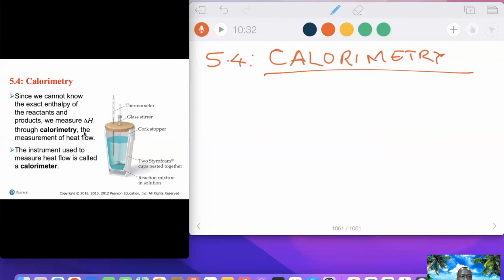So in calorimetry, we determine the enthalpy of reaction by recording the temperature of the reaction. We call this a calorimeter, and the process by which the enthalpy of reaction is determined is calorimetry.